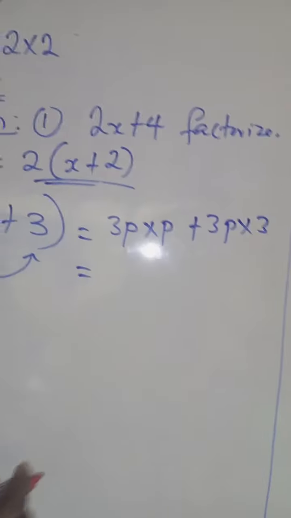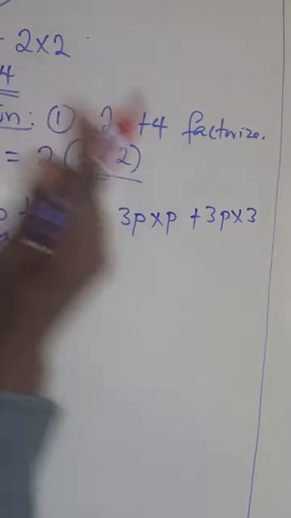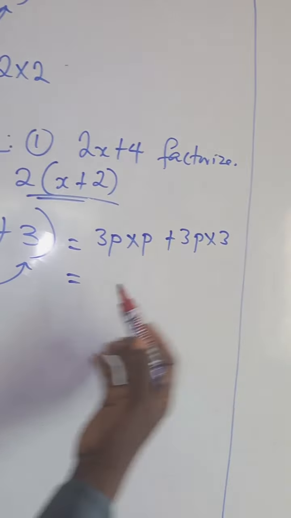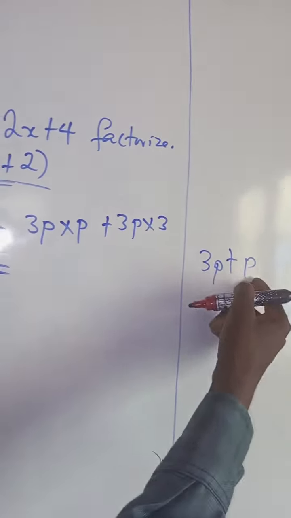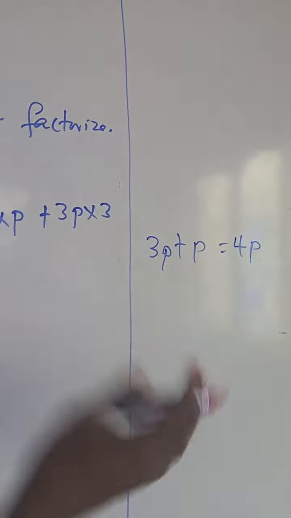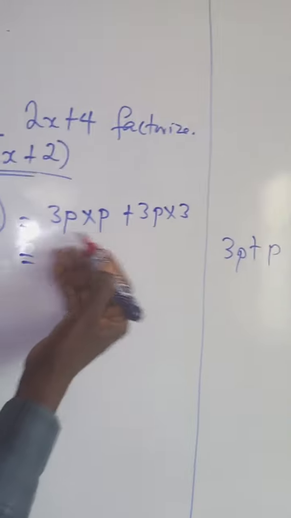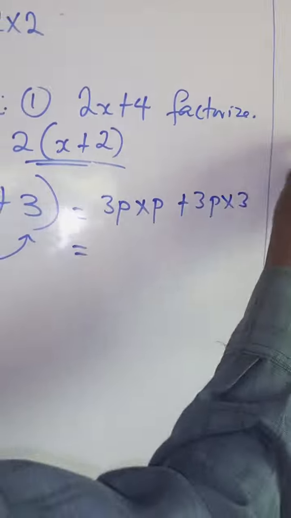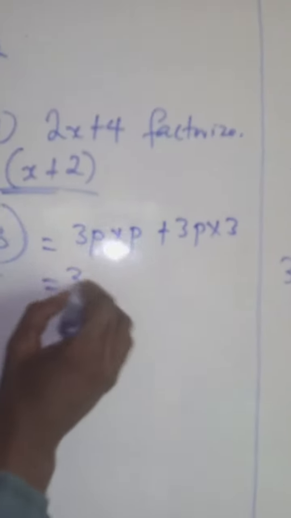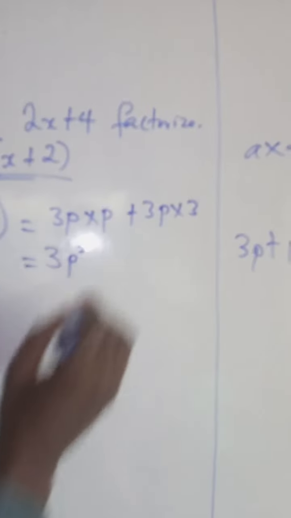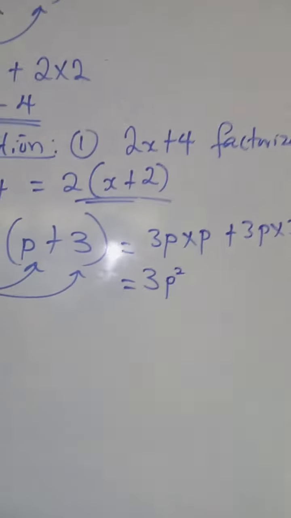Now this is multiplication. If it is addition, 3p plus p, it will give us 4p. That's addition. But this is multiplication. When you are multiplying p times p, it gives me p raised to power 2. So this one will be 3p raised to power 2. Now p squared.